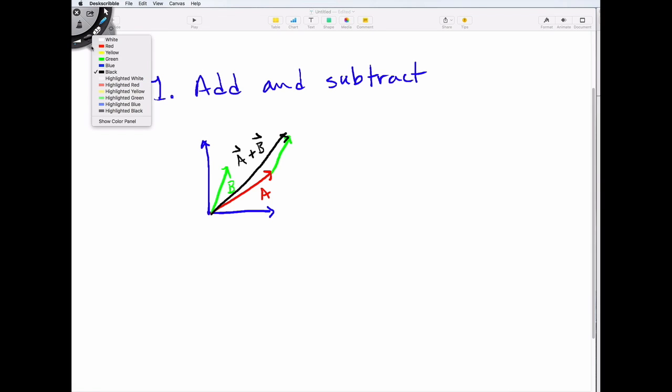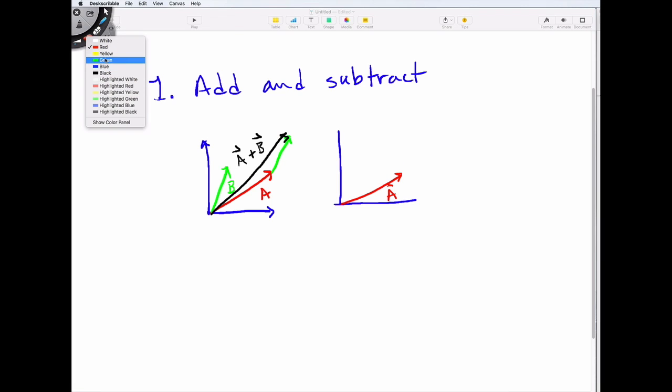Subtracting 2 vectors is pretty similar. You can have our vector A, and then you have our vector B, the green, and you ask what is the difference between these.